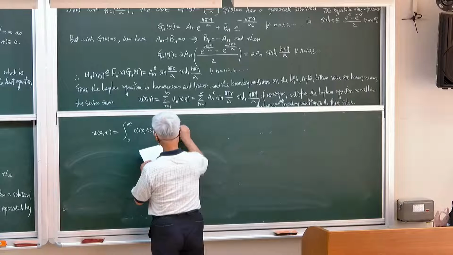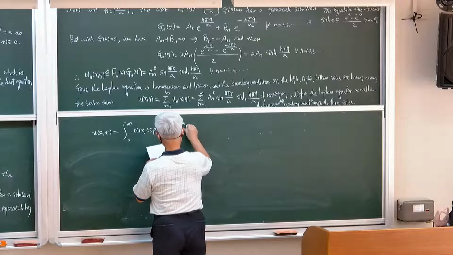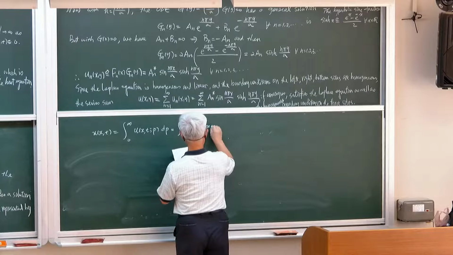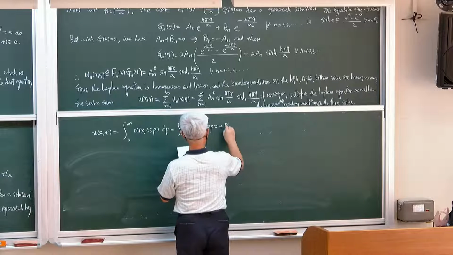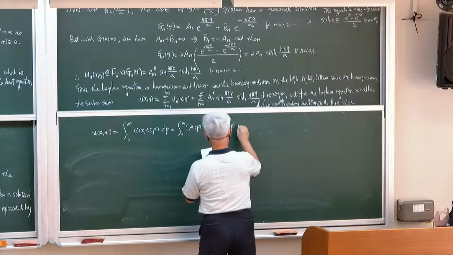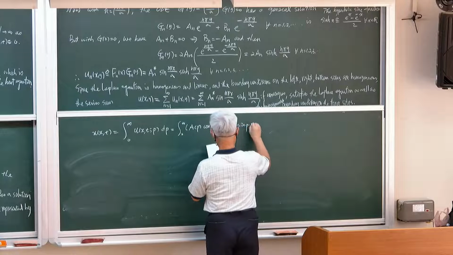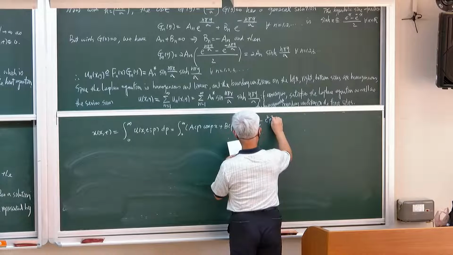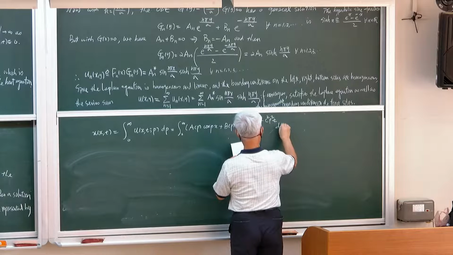And so we will have Ap cosine px plus Bp sine px, e to the minus c square p square t, dp.